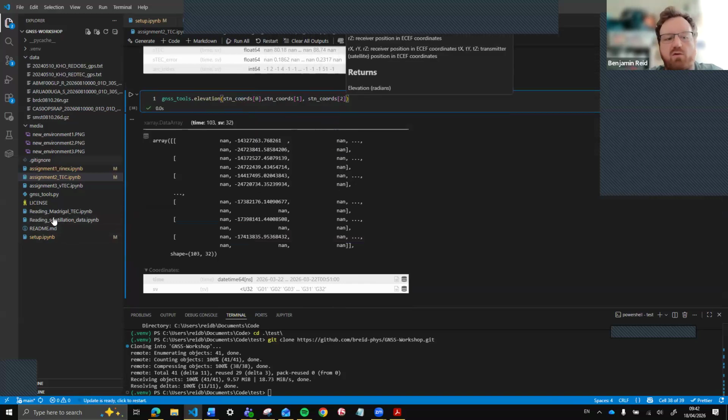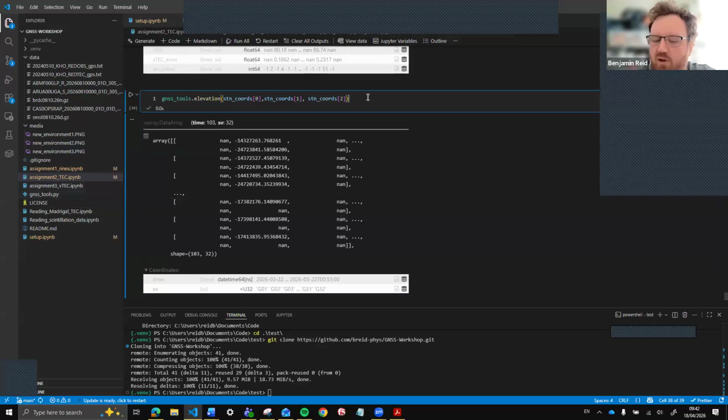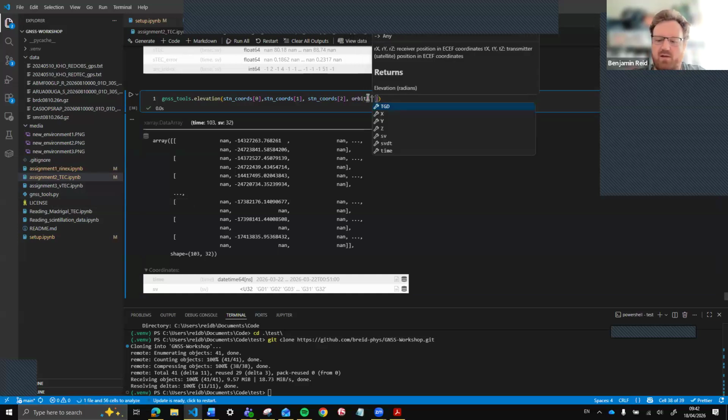This software, gnss_tools, is just a Python function in the Git repo that we're using, so you can just import it because it's a piece of Python code and it has these functions in it already.